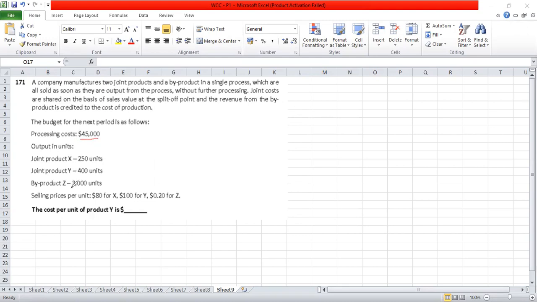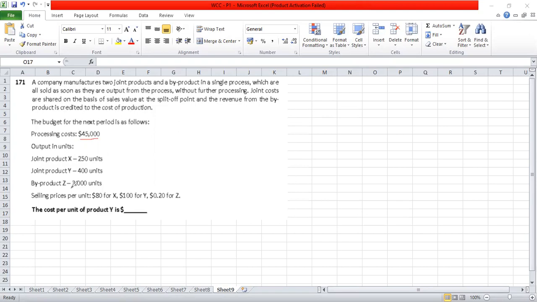There are many methods: the output is taken as the base, or the quantities used in the production, that is the weight is taken, volume is taken, the sale value at the split off point is taken, the sale value after further processing is taken.